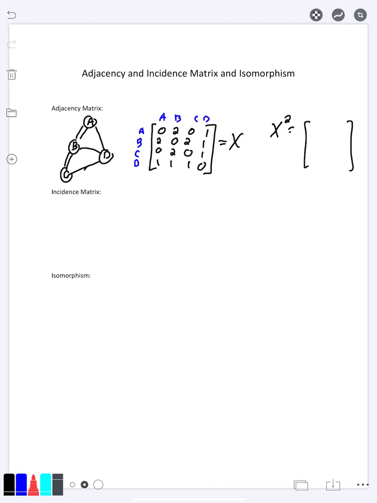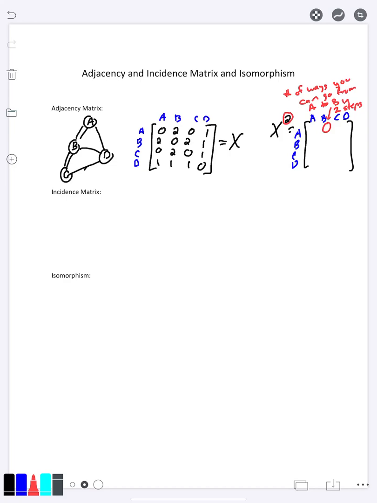And whatever number is in here, that's going to be the number of ways, and let me put my reference here, A, B, C, D. That would be the number of ways you can go from A to B in 2 steps.